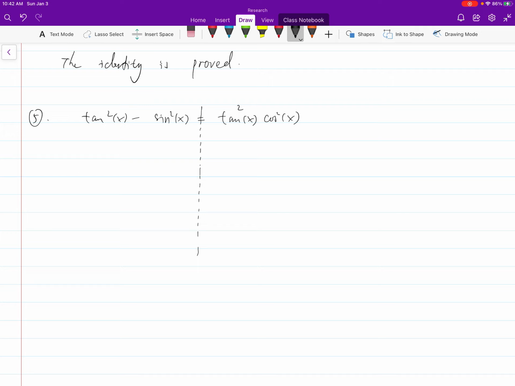So many things, right? So on the left, what do you have? You have tangent square minus sine square. You probably have nothing better other than change this to be sine square. Left hand side.